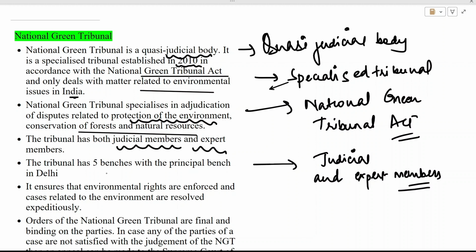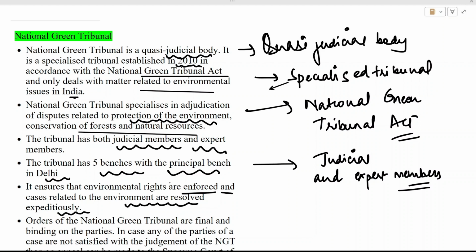The NGT currently has 5 benches. That means it is present in 5 places, with the principal bench in Delhi. I would encourage you to find out which are the 5 cities in which NGT is there. Okay. It ensures that environmental rights are enforced and cases related to the environment are resolved expeditiously.